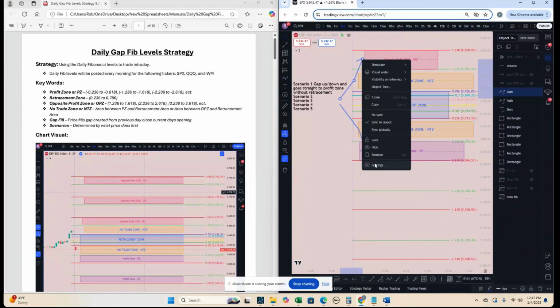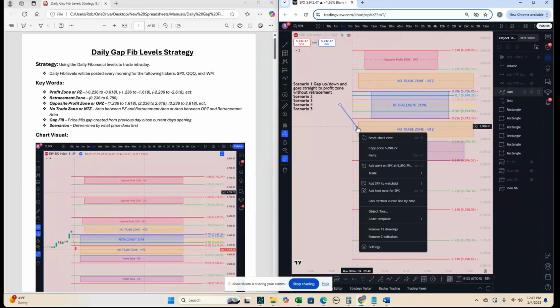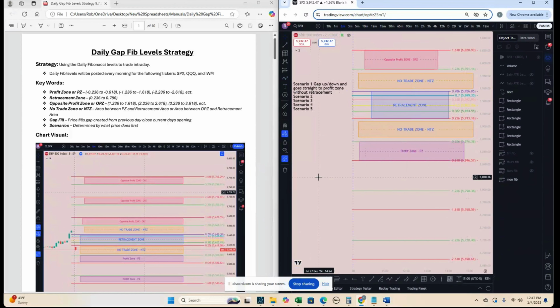Scenario 2. We gap down, we do this little move, and we go to the profit zone. Gap up.